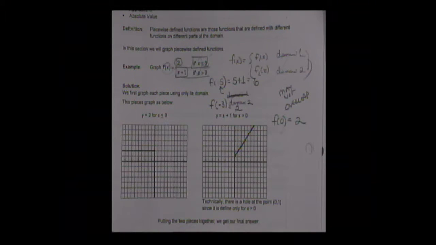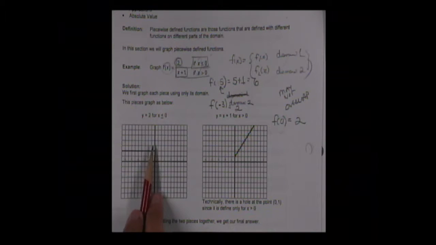This isn't, quite frankly, the way that I do it when I'm doing the process out. What I do is I take each of the pieces and make them y equals, so I graphed them. So the first line is actually y equals 2. Instead of using f at x, I just put a y in. Y equals 2 for x less than or equal to 0. And then the second piece becomes y equals x plus 1 for x greater than 0.